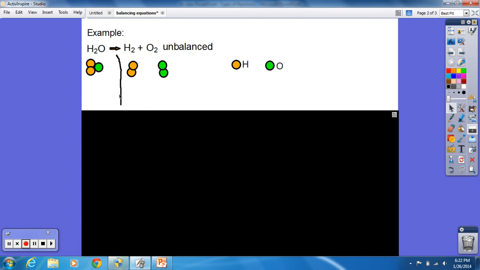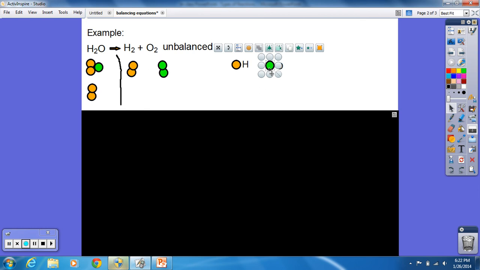So here, I notice that I have the same number of hydrogens on either side, but I only have 1 oxygen over here and 1 over here. So I want to add another oxygen over on the reactant side. But I can't just add the oxygen. I have to add a whole water molecule. So going back to that idea, I can't change the reaction.